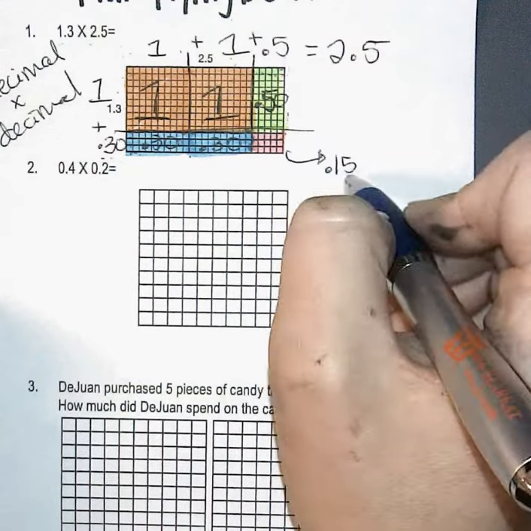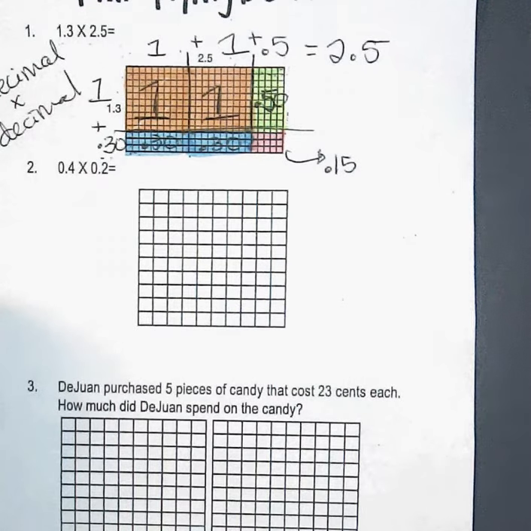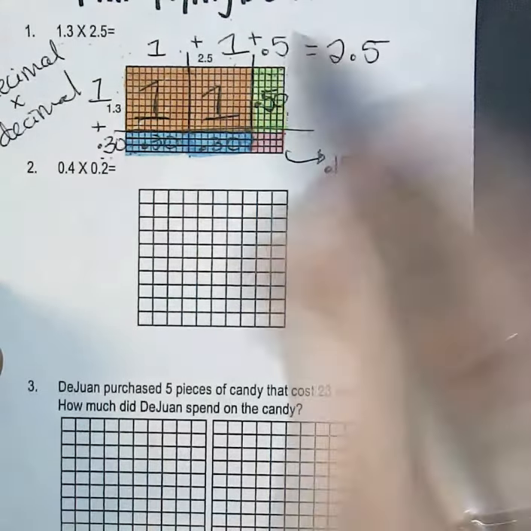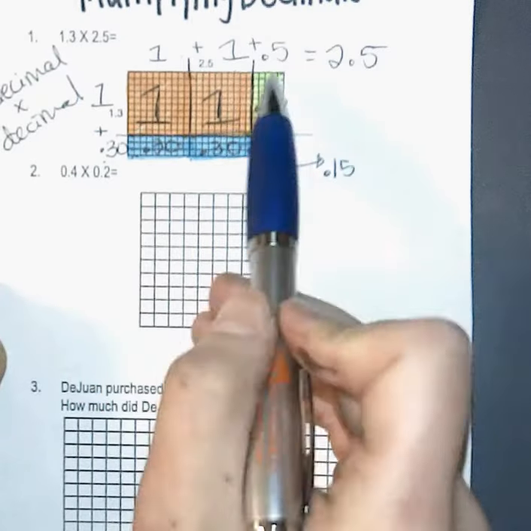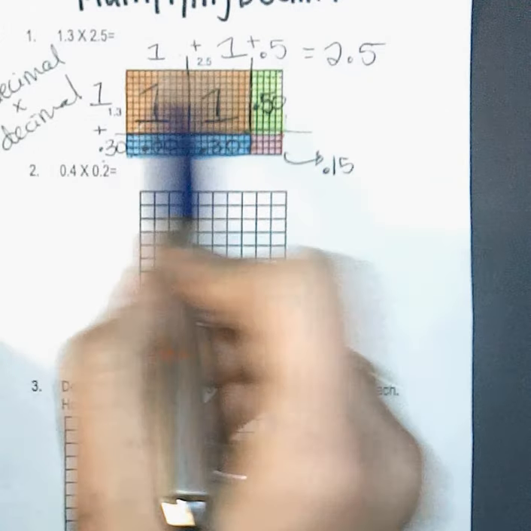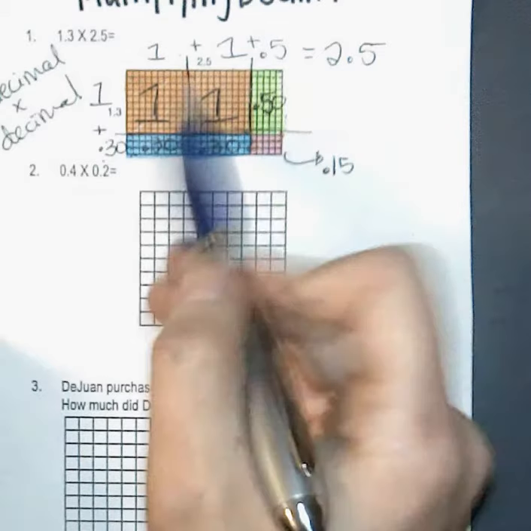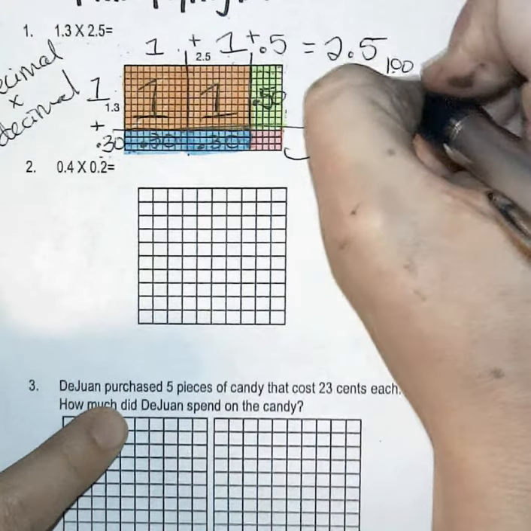Now, when we're trying to find the area of something and we're using this model, we're not just adding these numbers up, but we're adding up everything inside, because that's what multiplication does. It finds the area of something. If we're taking this side and multiplying it by this side, we're finding the full area. That's an area model. So we're going to add these up. We take the 1, add it to another 1.